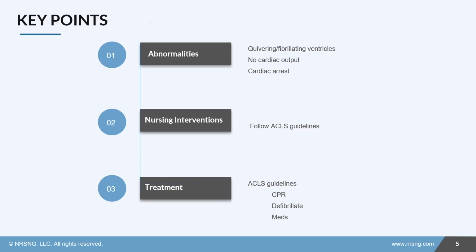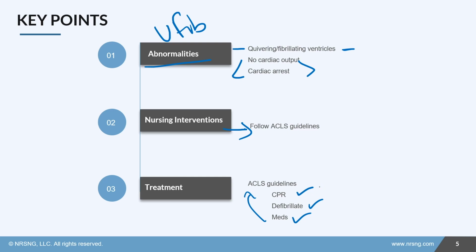So the key points to remember from this very short lesson are the abnormalities about VFib. The ventricles are just fibrillating. There is absolutely no contraction going on. There is no cardiac output, and your patient is in full cardiac arrest. Nursing interventions, you just got to quickly follow the ACLS guidelines. Do CPR, defibrillate, and medications according to the ACLS guidelines.